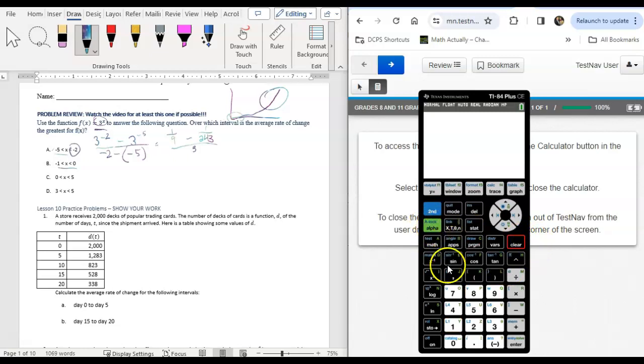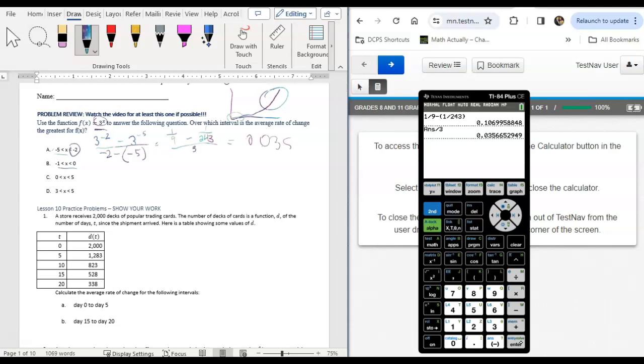So if we do 1 divided by 9 minus 1 divided by 243, we get a very small number, and then we divide by 3, and we get 0.035. So this is a very small rate of change in the beginning, right? It's an increase of 0.035. It's a pretty small amount.